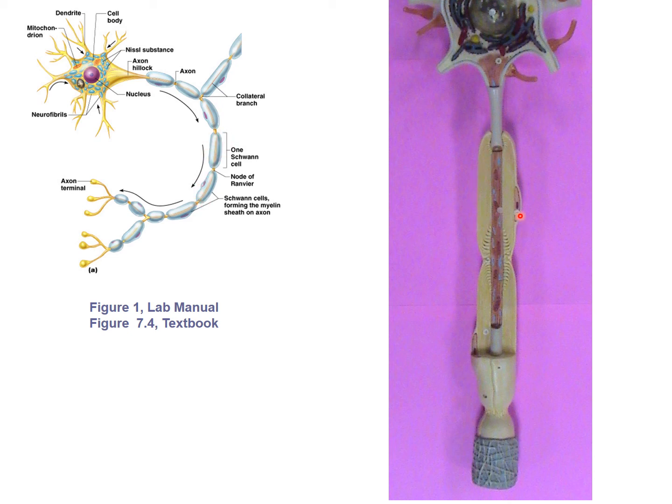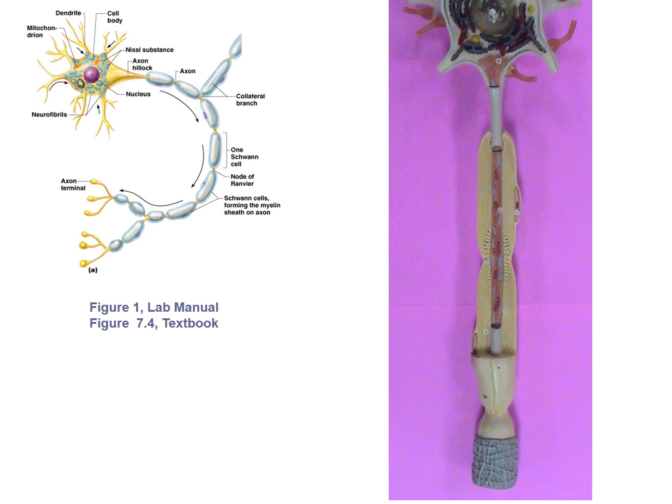You can see the nucleus of the Schwann cell here. Here's a second Schwann cell, and here's the nucleus right here. These Schwann cells collectively make up the myelin sheath. And as I noted earlier, we have little gaps between the Schwann cells called nodes of Ranvier. And likewise, between these Schwann cells, we have nodes of Ranvier.